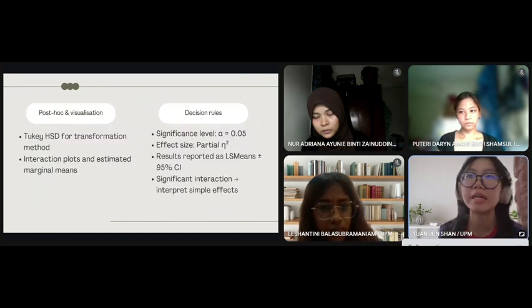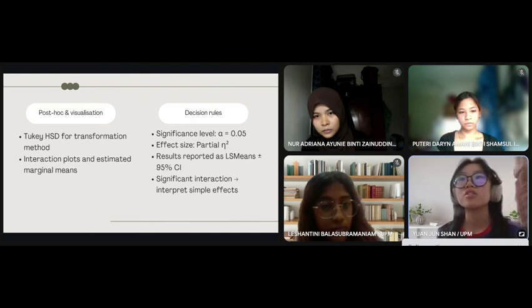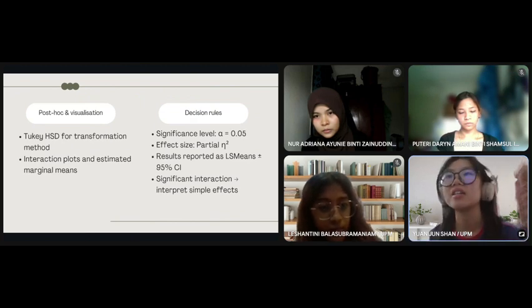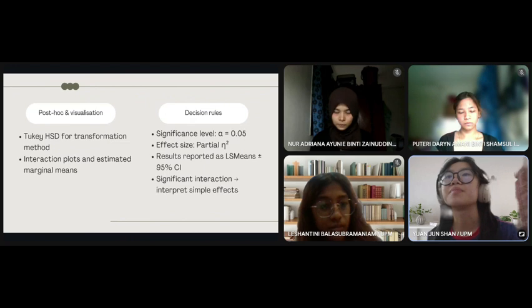So for the post hoc and visualization, Tukey HSD is used for the transformation method, whereas the interaction plot and also the estimated marginal means are used as post hoc and visualization as well.